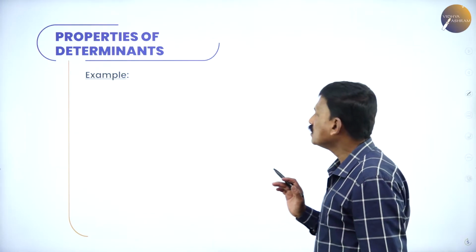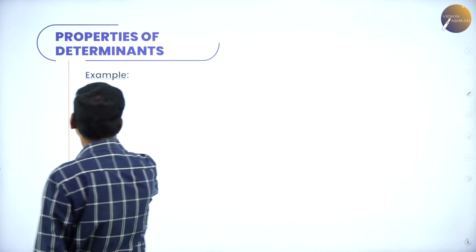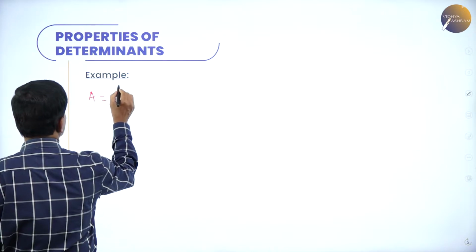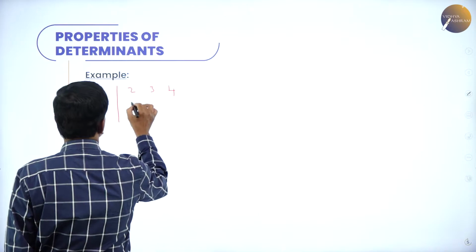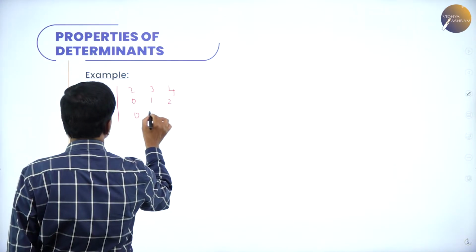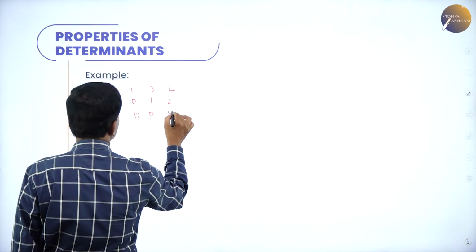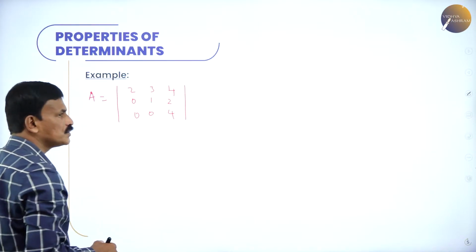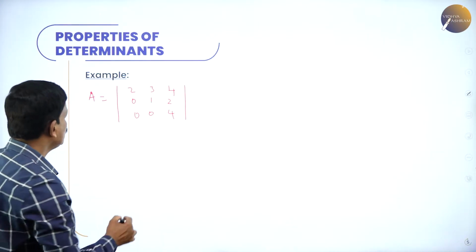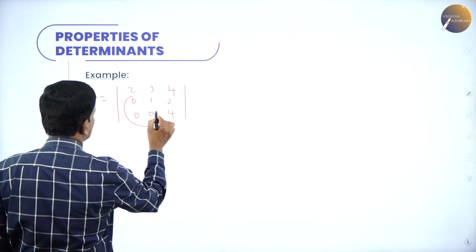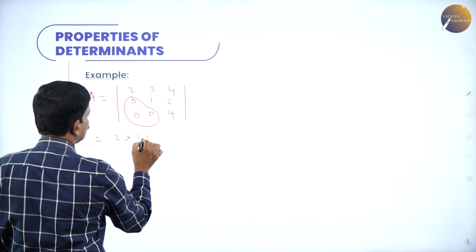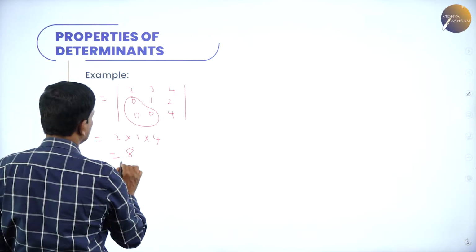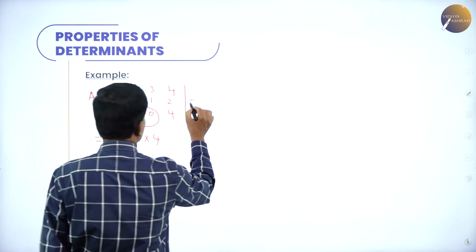Now let us come to an example. Let A be equal to the determinant with rows 2, 3, 4; 0, 1, 2; 0, 0, 4. According to the property, here all the elements below the principal diagonal are zeros. Therefore this is equal to 2 into 1 into 4, which is equal to 8. If you want, you can verify this.